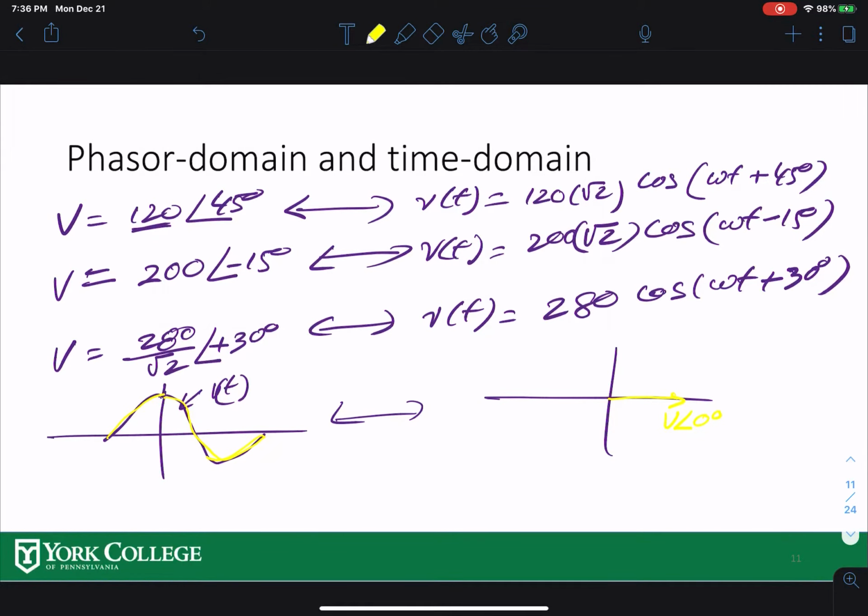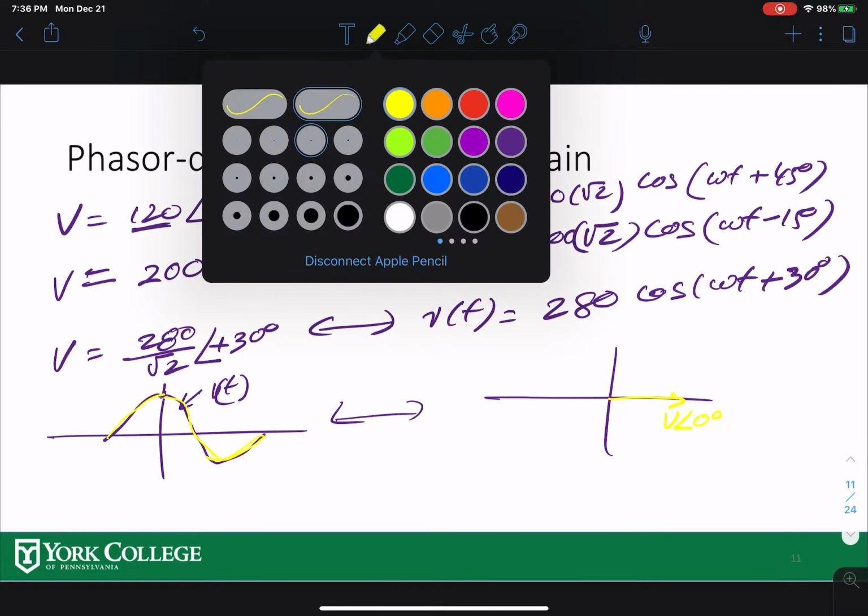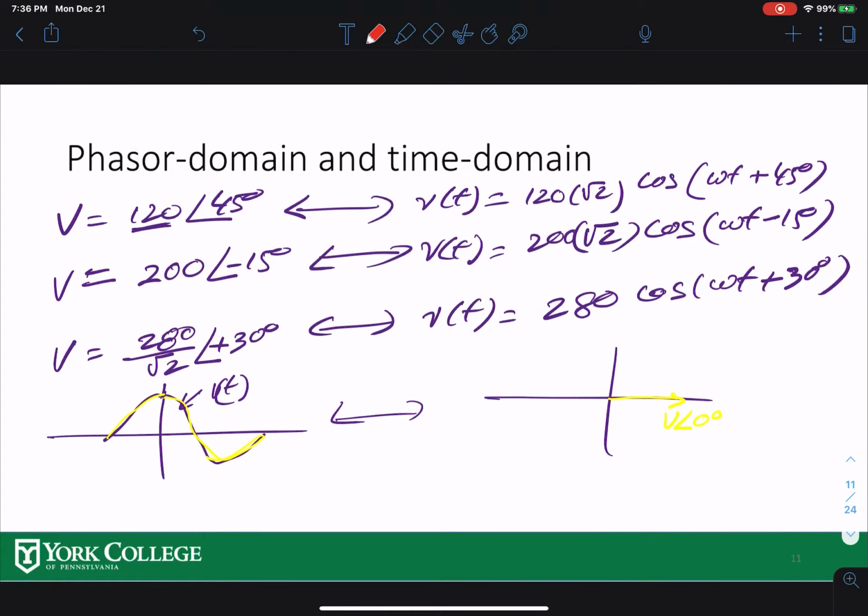Now if I draw another one, let's say in red color, that is 45 degrees ahead of this one, I draw something like this.